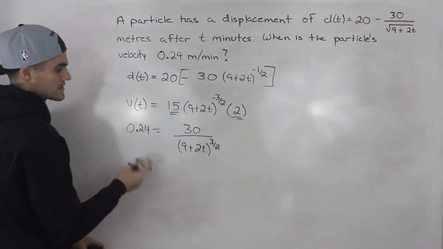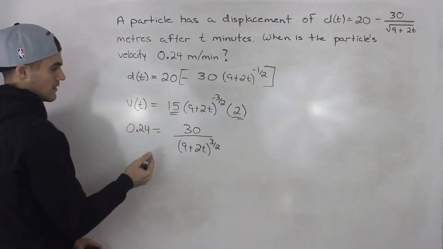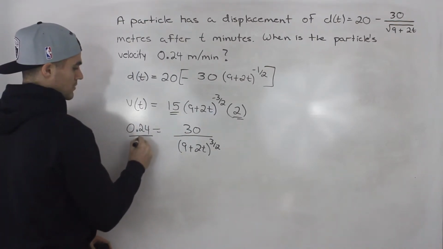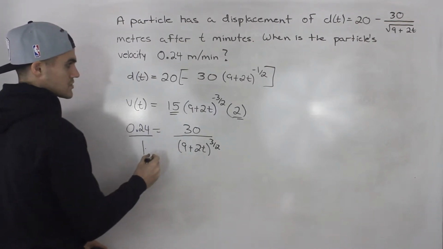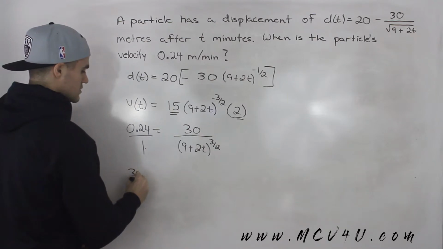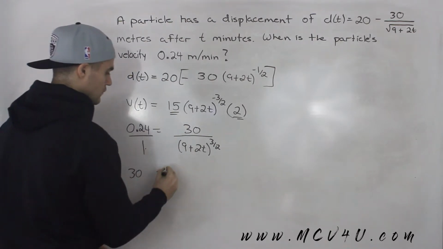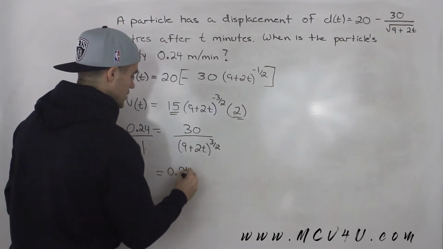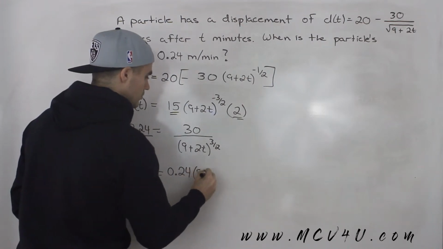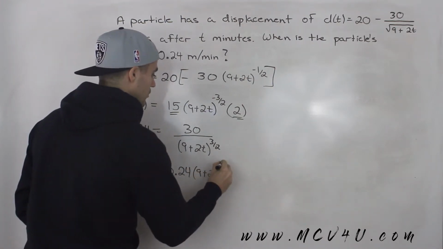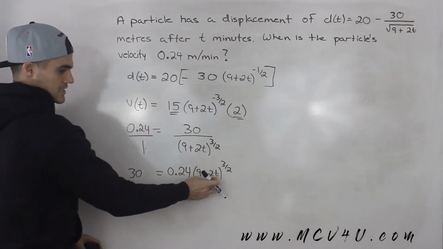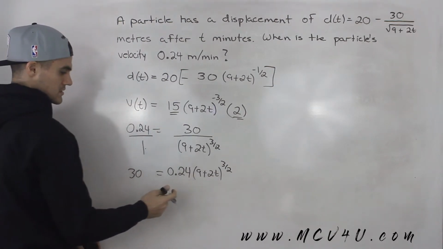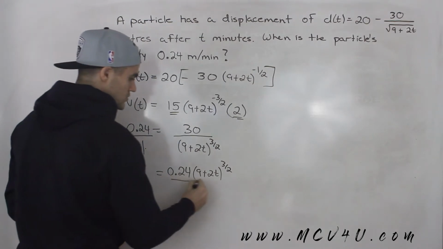So we basically have to solve this equation here. We can put this 0.24 over 1 and cross multiply. 1 times 30 just gives us 30, and then 0.24 times that expression, (9 + 2t) to the power of 3/2. We're trying to solve for this t. So first we can get rid of this 0.24.